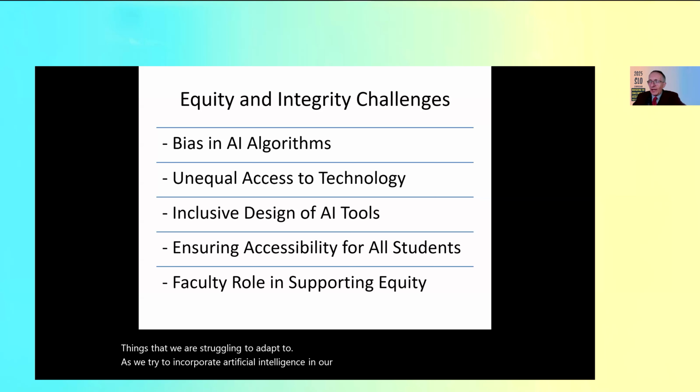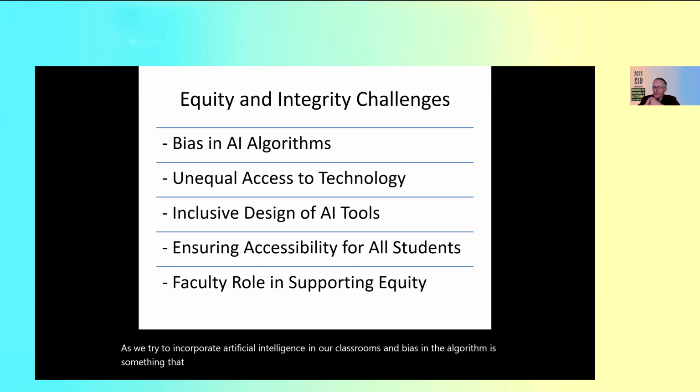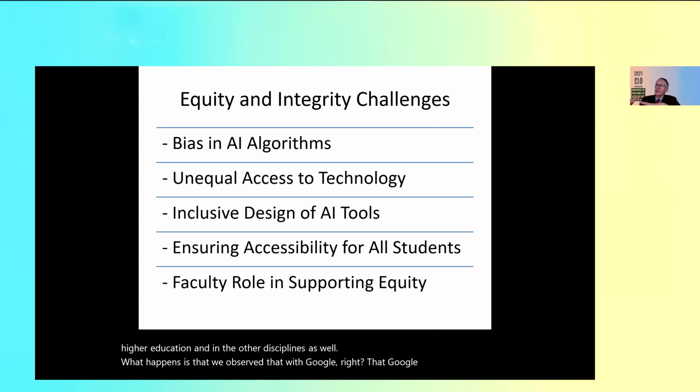And bias in the algorithm is something that comes at us very, very quickly, and it really is a topic of many conversations on at least our campuses, and I'm sure that this is true across the spectrum of higher education and in the other disciplines as well. What happens is that we observed that with Google, right? Google made certain generalizations when it was nothing but a question and an answer, before artificial intelligence happened.